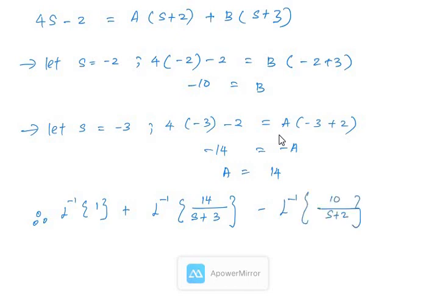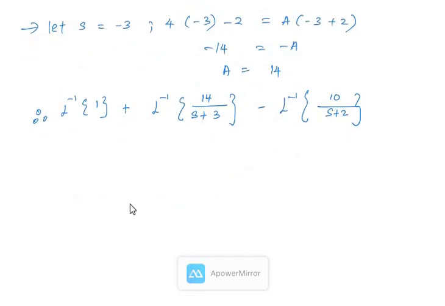So again, inverse Laplace transform of 1, we get delta t, plus 14 is a constant, we take it out, s plus 3 we change to the exponent negative 3t, and then minus 10, s plus 2 we change to exponent negative 2t. That's how we get the f(t).